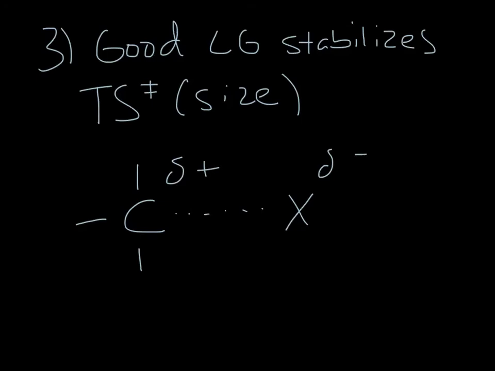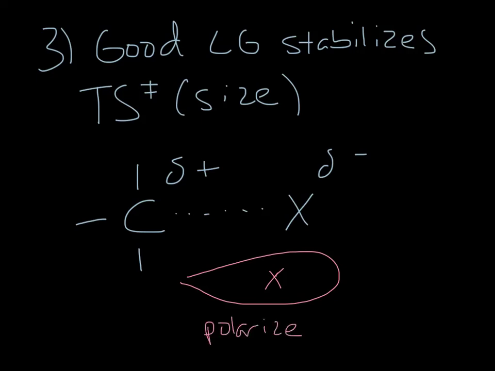So what ends up happening is that this X has all this electron density, and it can sort of spread that electron density out like this so that it's still kind of attached to that carbon atom, and this is that ability to polarize. And so it's breaking that bond, but that electron density is lingering a little bit longer and further stabilizing that carbon atom while the leaving group is leaving.